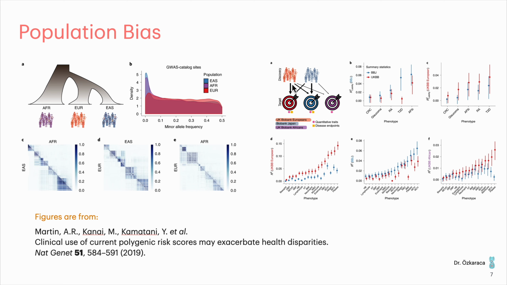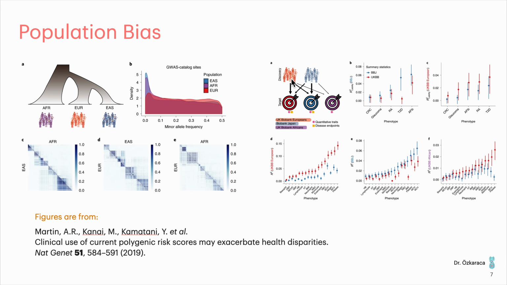And they looked into multiple different cases for calculating polygenic risk score. So for example, if we focus on this target cohort, European individuals, they calculated the polygenic risk scores of European individuals in two different ways.